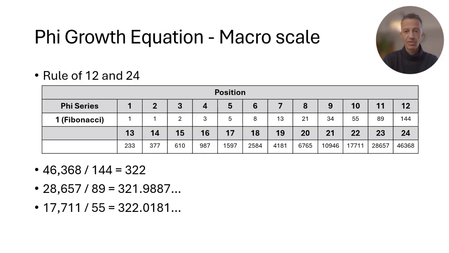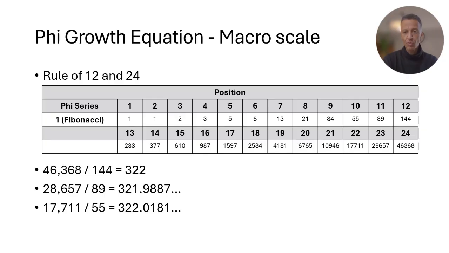And so I decided to take a look at the 12th and 24th position. I divided the 24th position value, 46,368, by the 12th position value, 144, and it came out to 322 exactly. This really piqued my interest because whole numbers can be very rare in many of these instances.